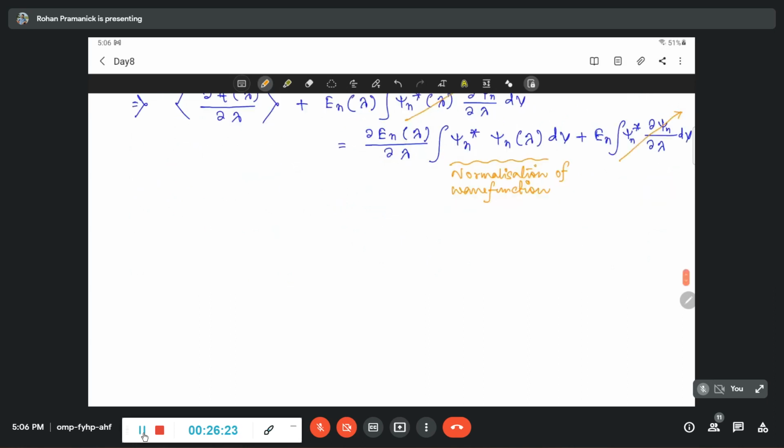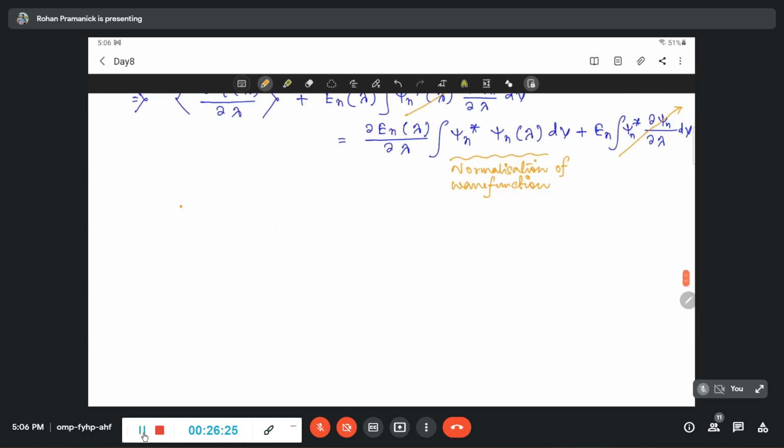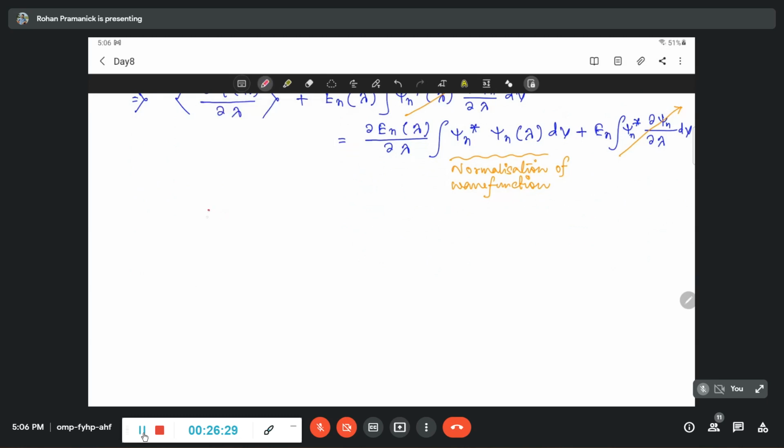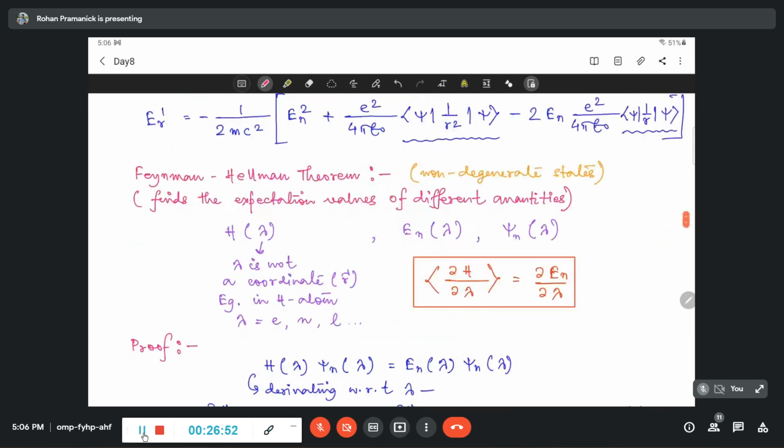And so you have the usual expression, which is nothing but: the expectation value of del H n as a function of lambda, del lambda, is nothing but del E n lambda, del lambda. This is the point we made before starting this calculation.